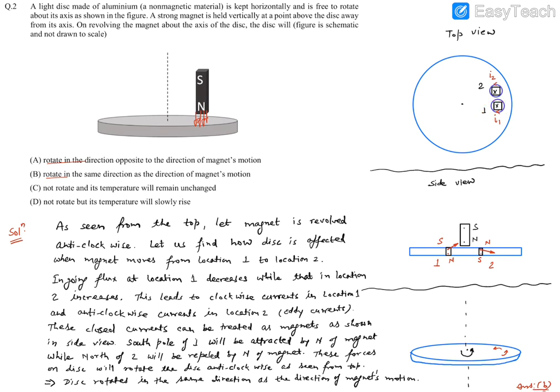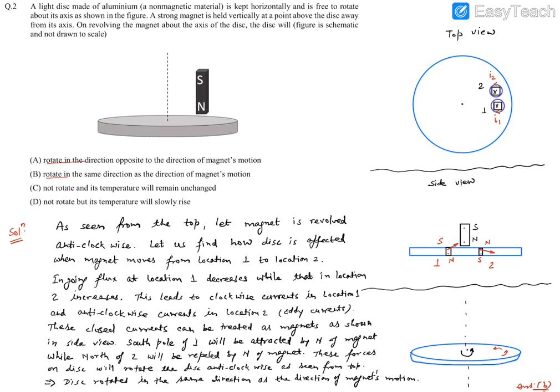Field lines are inside. Now we know that since the field line population is changing, that means the flux is changing, so there has to be an induced electric field, and that induced electric field will apply forces on the free electrons, because this aluminium material has free electrons.